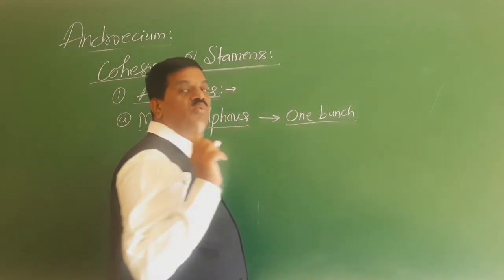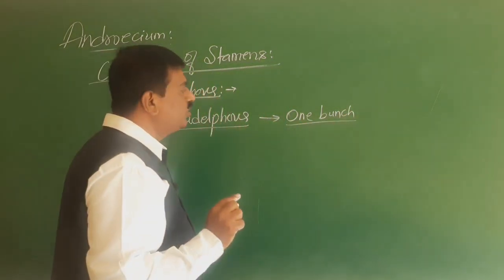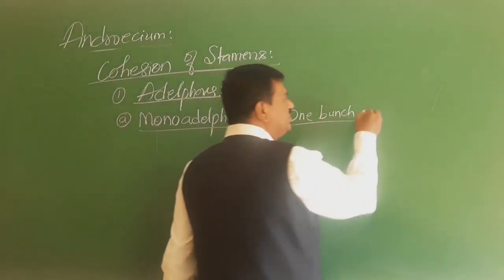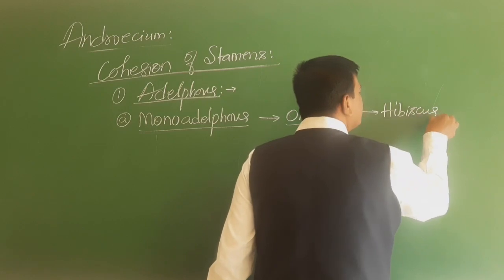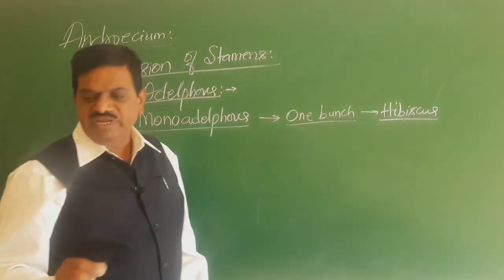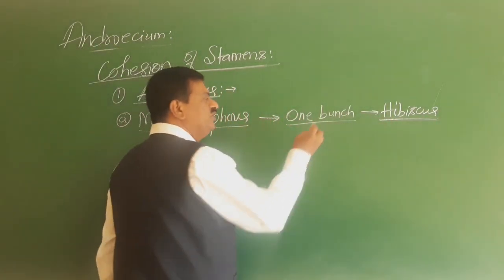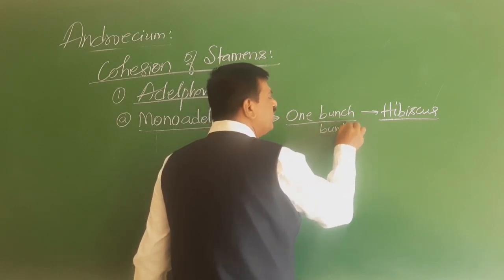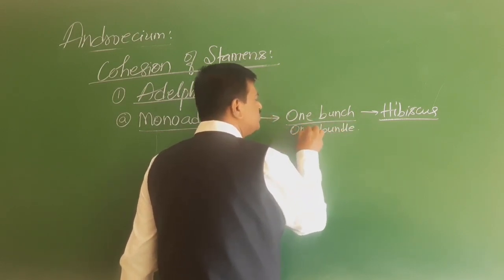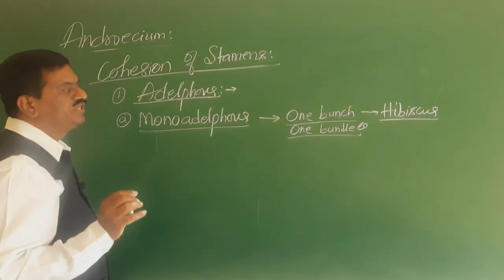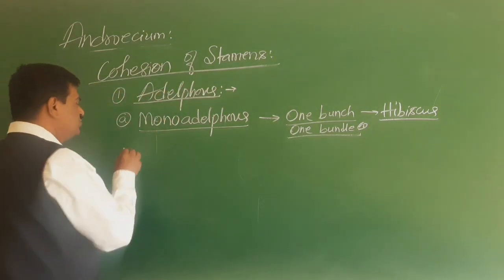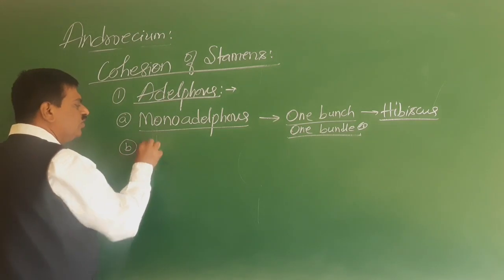This can be noticed in hibiscus. In a hibiscus, there is one bunch, or one bundle, of stamens. For that, we use the word monoadelphous. So we go for the second one.